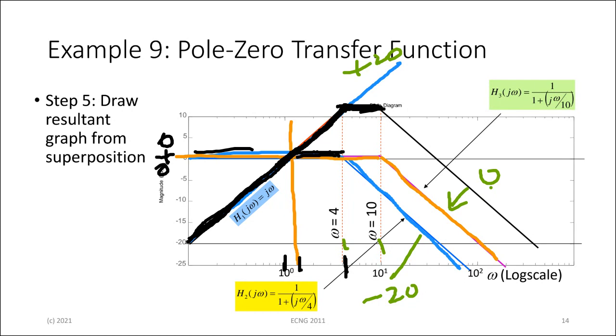And then as we go beyond the 10, we still have the plus 20 here. This one now kicks in, so you have minus 20, and we have minus 20 here continuing. So plus 20, minus 20, minus 20 is going to give me a total of minus 20.